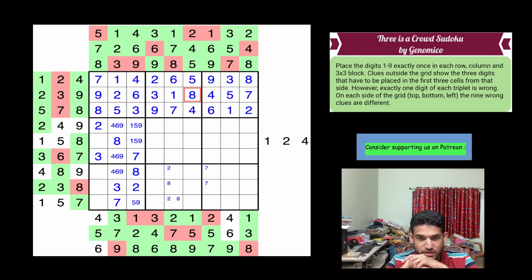Okay, and so bottom needs some work to be done, some light work. Can I resolve this 4, 6? Not yet, right? There is no help so far.